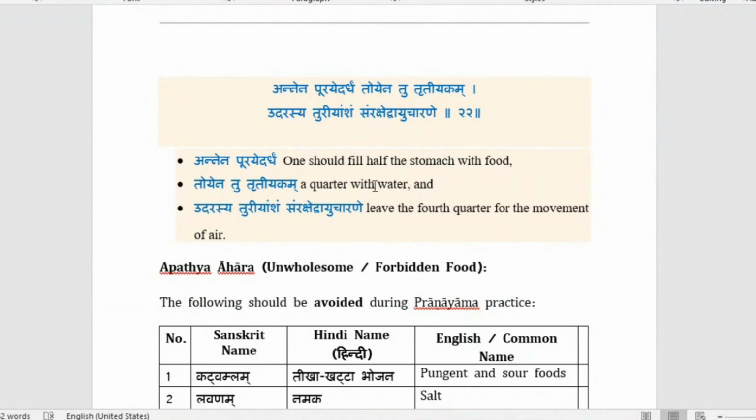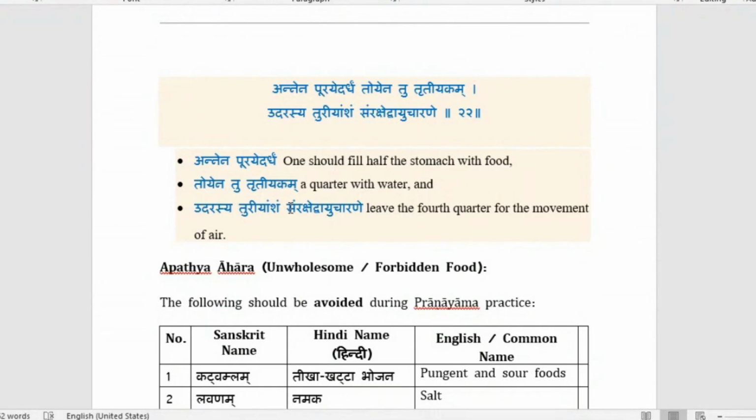तो बचता कितना है? What is the remaining part then? 1/4. 1/4 ही बचता है, राइट? फिर वो जो बचा है 1/4 उदरस्य तुर्यांश संरक्षित आयु चारणे, leave the 4th quarter, that is 1/4 quarter for the movement of air. तो उन्होंने क्या कहा है that the 1/4 part that is left, it should be left empty for air, so that whatever we eat, for us to digest, the food should be able to mix with water. जैसे mixer में I had given you that example of a mixer, that when we try to grind something in the mixer, we leave 1/4 portion of that mixer, at least 1/4 portion of that mixer empty.